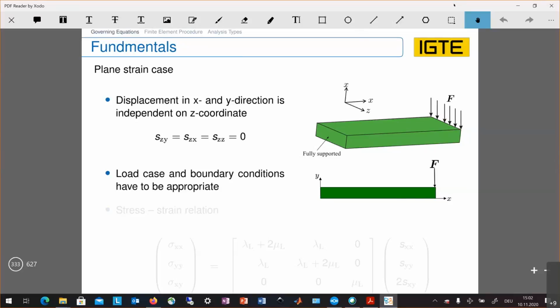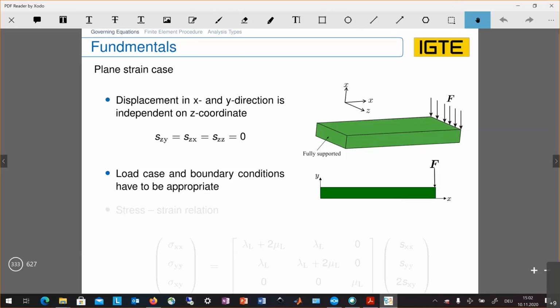And therefore, we have here some special cases in computational mechanics where we can reduce the full 3D problem to a 2D problem. And that I can show you now as follows.